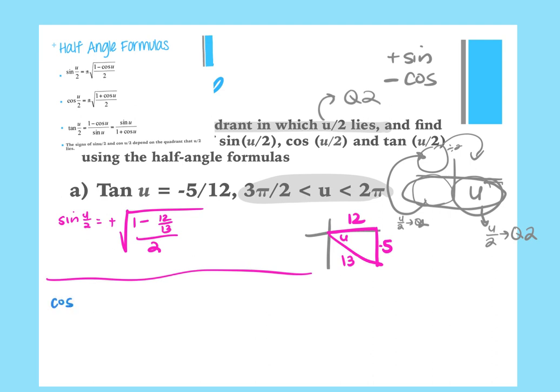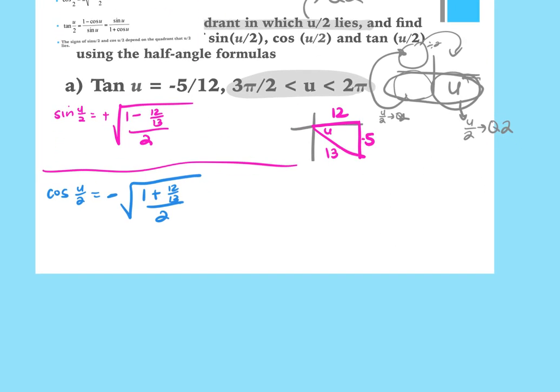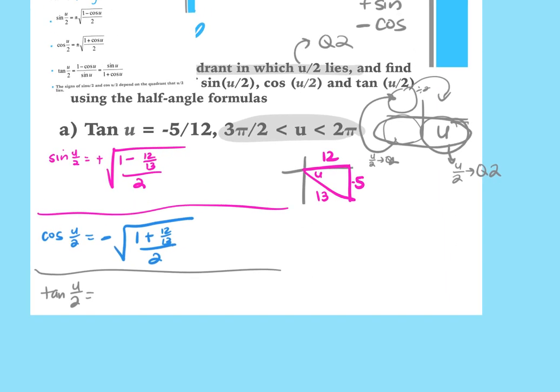Then I'm going to do cosine of u over 2. And this time we said cosine's negative, so we pick the negative. And it would be 1 plus, because that's my formula, the cosine of the original triangle, which is 12 over 13, over 2. And then I do tangent of u over 2. And I get 1 minus cosine, which is 12 over 13, over sine, which is negative 5 over 13.